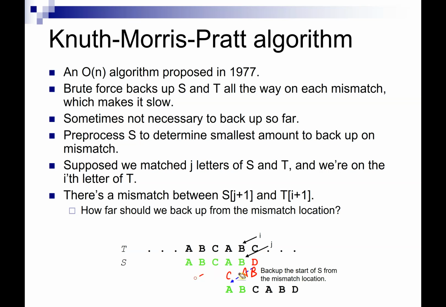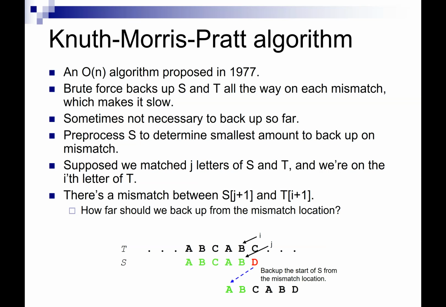Now, instead, the KMP algorithm is not going to back up S that far. It's only going to back up S by a few letters, only to over here. And then once you do that, you can reuse some of the matches that you established in this ABC portion.